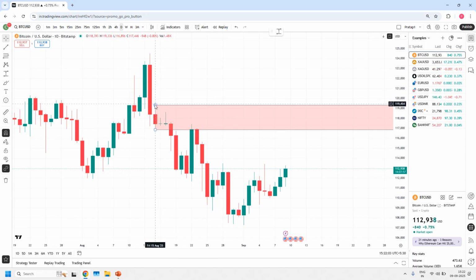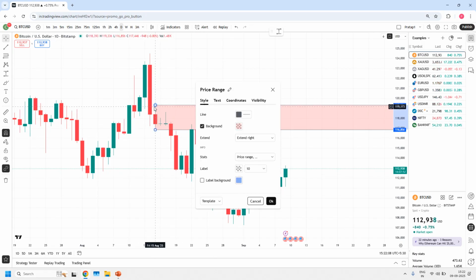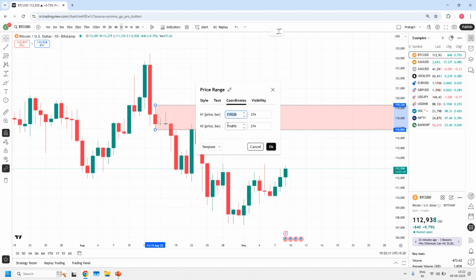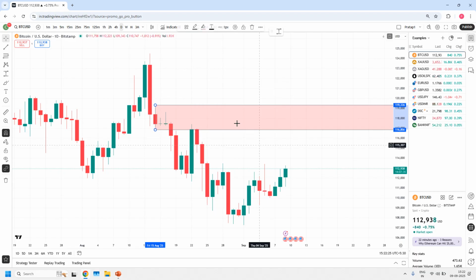This is the high of the zone, this value. You can look into the coordinates. 119,336 is the high of the zone. 116,856 is the low of the zone. And this is called the supply zone's proximal line, and this is called the supply zone's distal line.